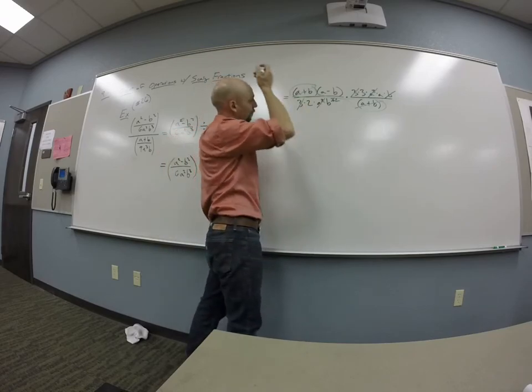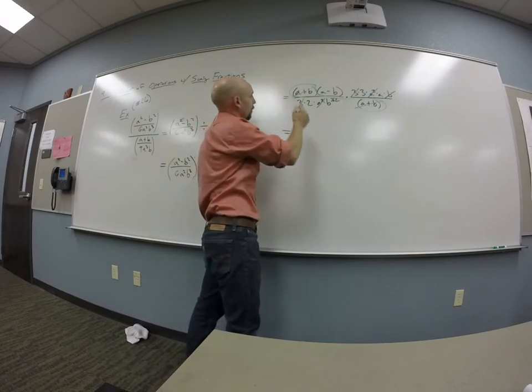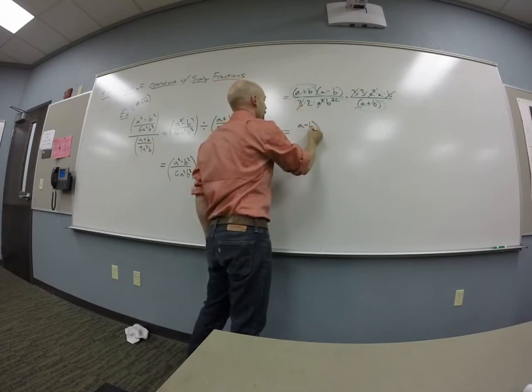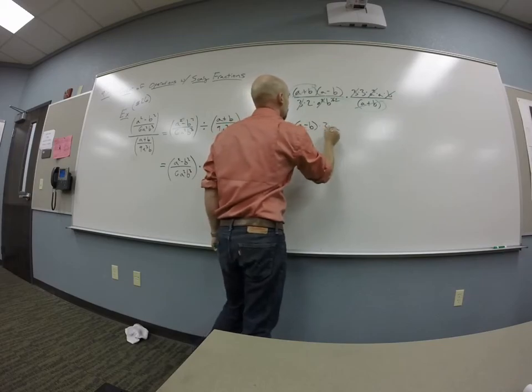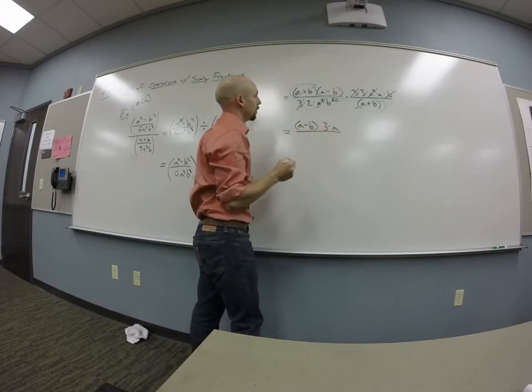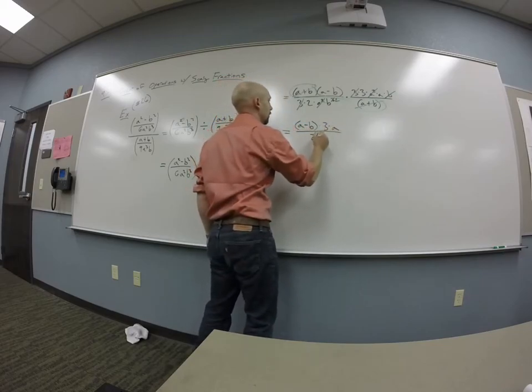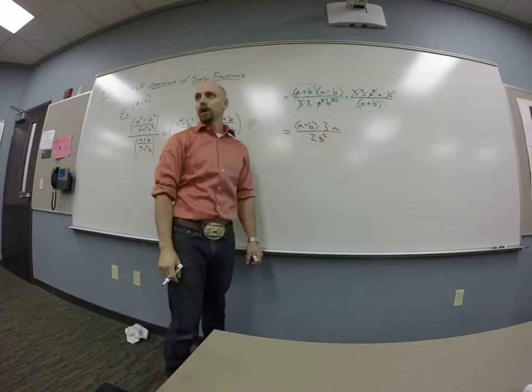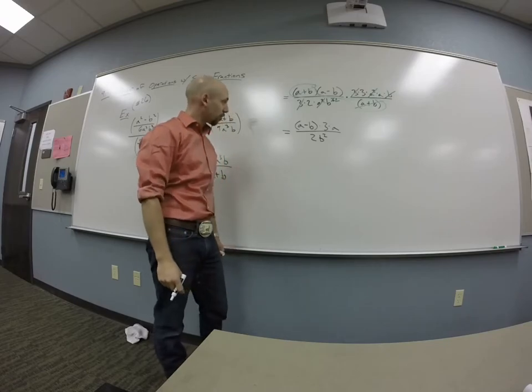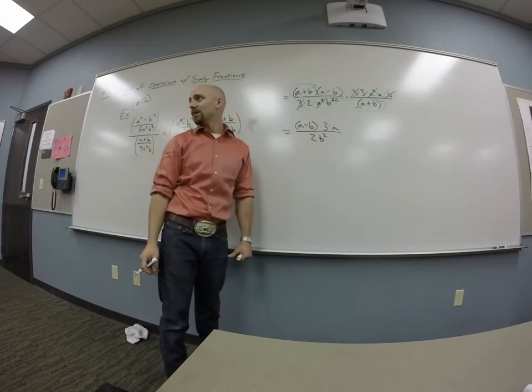All right, so what am I left with? There's a minus b times 3 times a, and then this is all over 2b squared. Okay, and this is kind of an awkward way to write this, yeah?